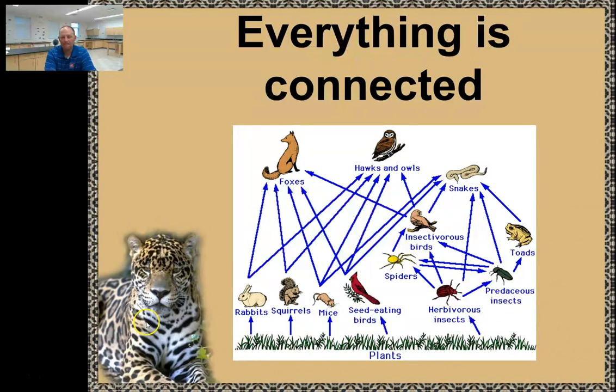Now, as your assignment for today, you are going to grab a piece of paper. And when I say piece of paper, I'm talking about one of these great big white poster board papers or the butcher paper that we have. You are going to work in groups of no more than 4, and for every member of your group, you have to have at least 4 things on your food web.